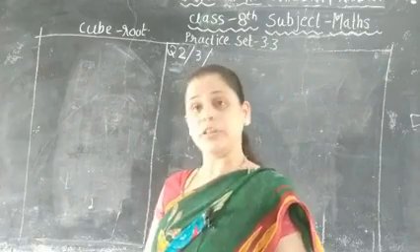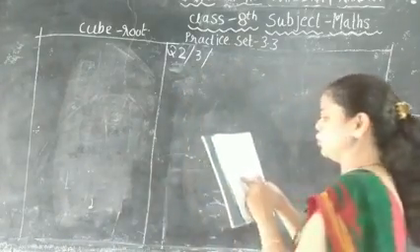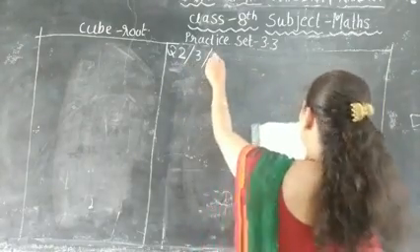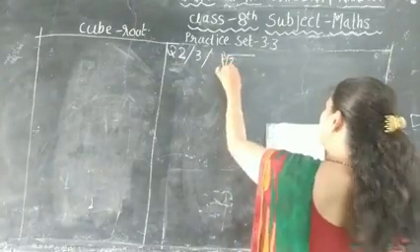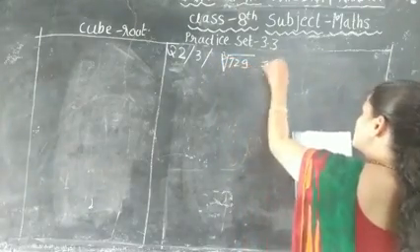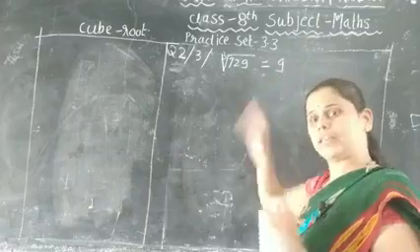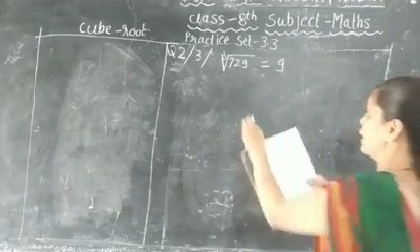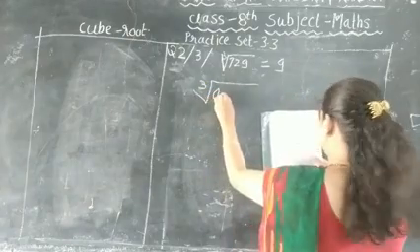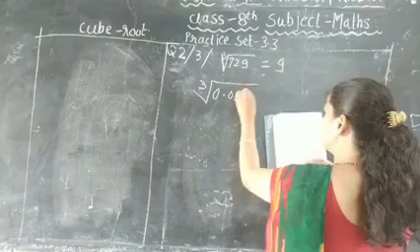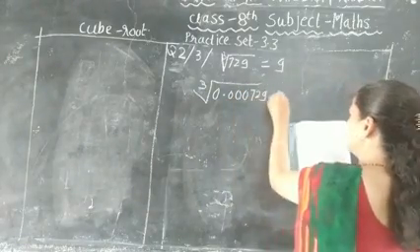You solve it on your own. Then question number 3 of question 2. What is given? The cube root of 729 is 9. Then find the value of the cube root of the decimal number 0.000729.